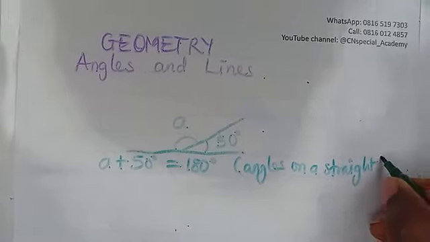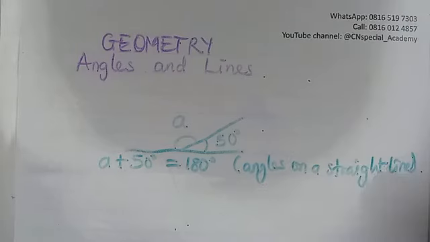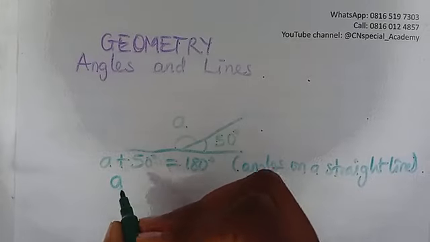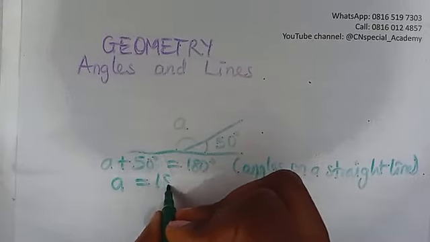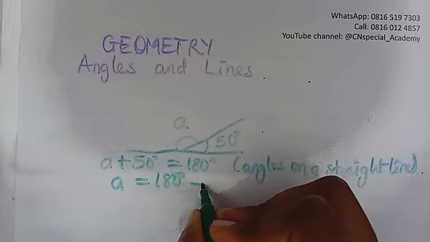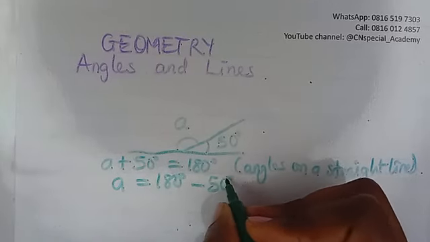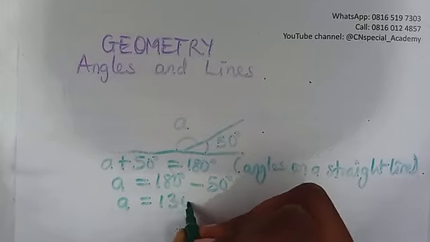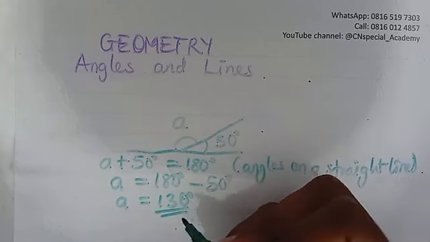Okay, so we subtract 50 from both sides. We have that A is equal to 180 degrees minus 50 degrees. We have that angle A is equal to 130 degrees.